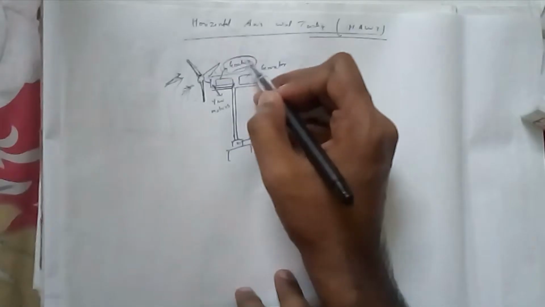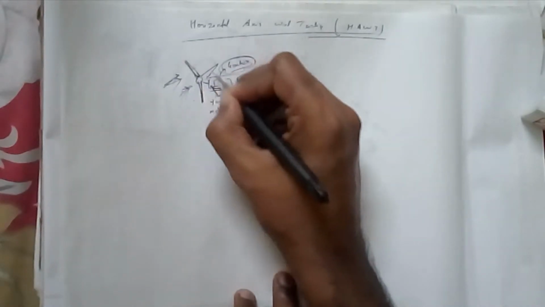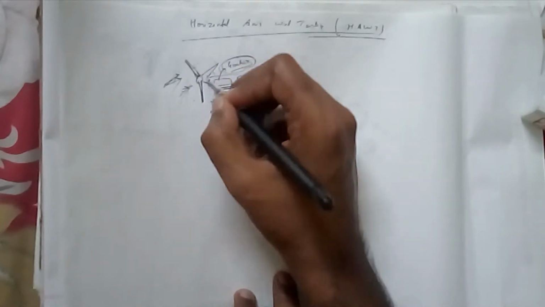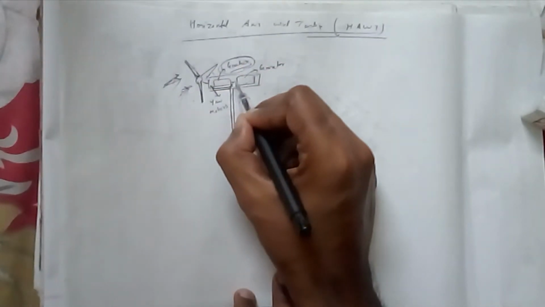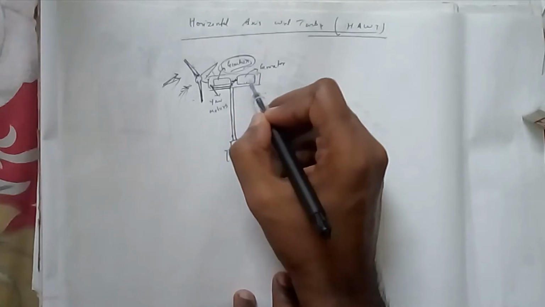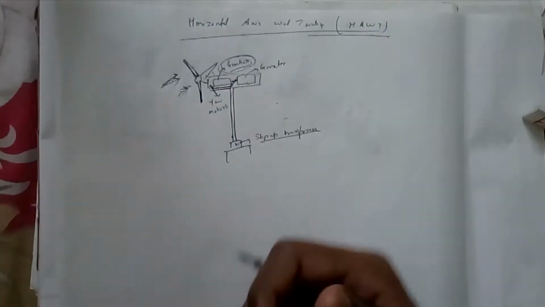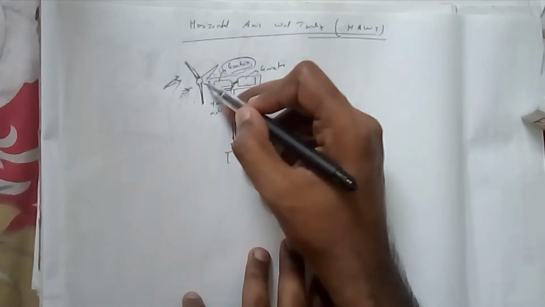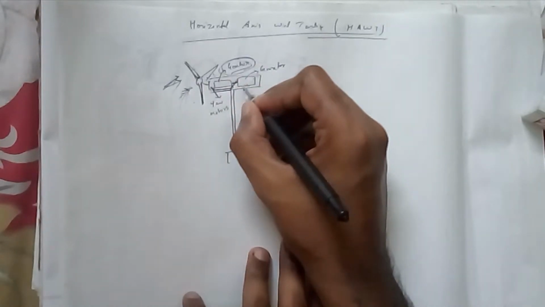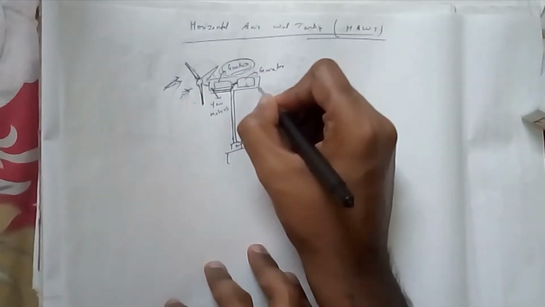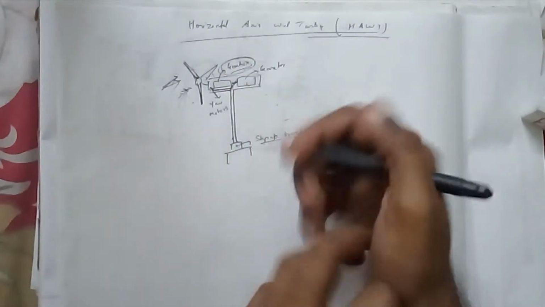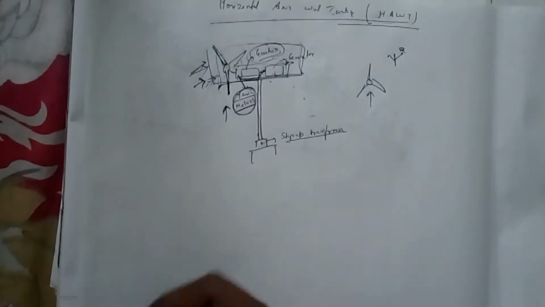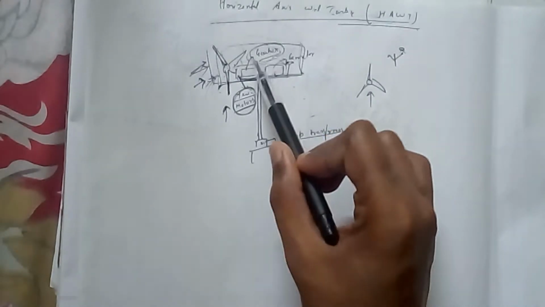This gearbox maximizes the speed of these blades and gives it to the generator, so that the generator can work and produce electricity. So that is the work of the gearbox.